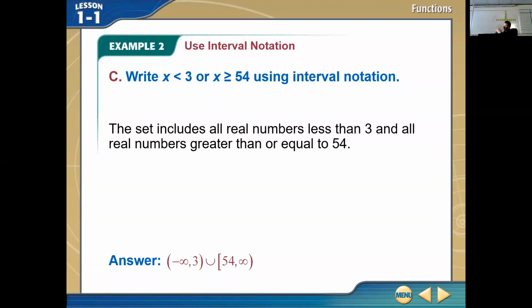This one starts low from -infinity to 3, but then we go from 3 all the way to 53.9, and those numbers are not included in this interval. So then we pick it back up at 54 and extend to positive infinity because those are the remaining sets of numbers that are included within this interval. So or typically always means union.